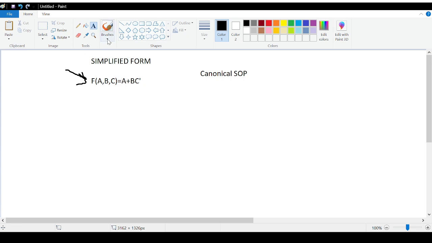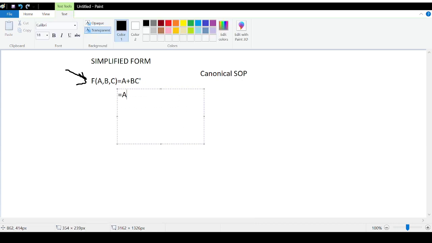Okay. So now I'm going to show you how we do this. So first thing to do is, we can write A as A into 1, right? And BC bar as 1 into BC bar, still the same, right? Guys, right?